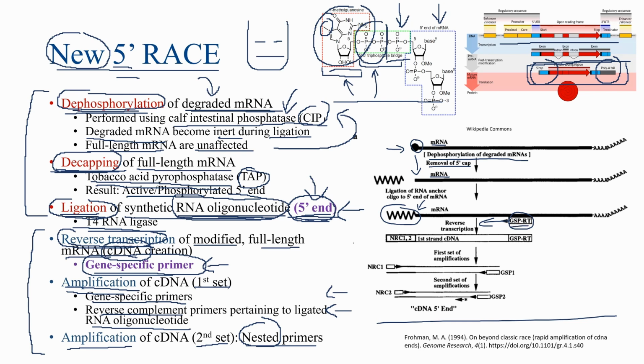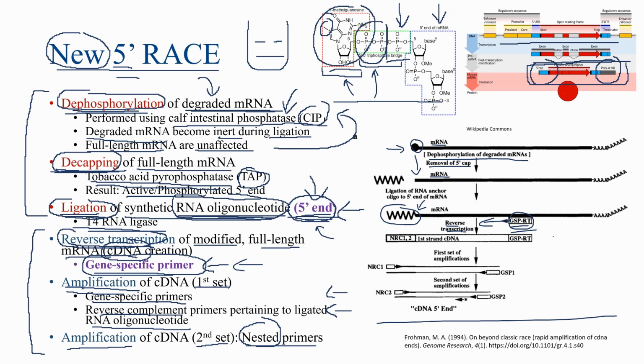What I want to note here is that this primer that you're using for the reverse transcription differs from the primer that you're using for the reverse transcription in 3' RACE, or nested 3' RACE to be more specific. So again, what I have in purple here are the differences between the 5' RACE and the 3' RACE. So in this case, in the nested 5' RACE, you are using a gene-specific primer for the reverse transcription step.